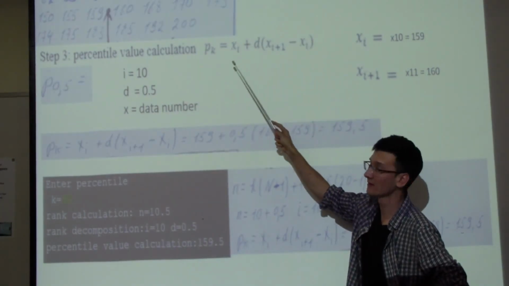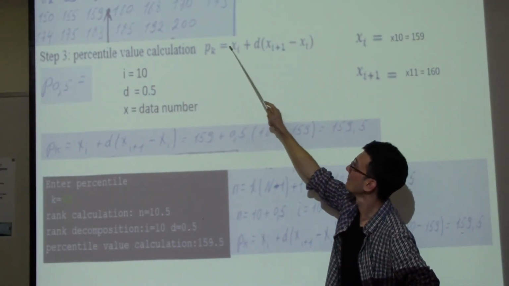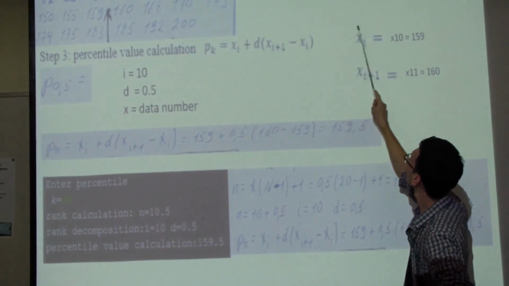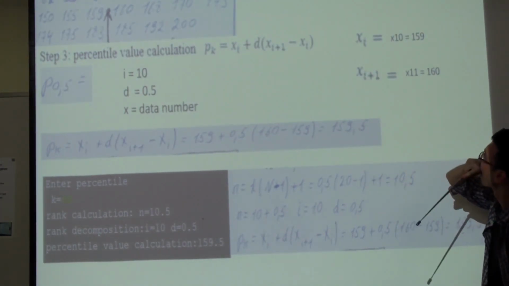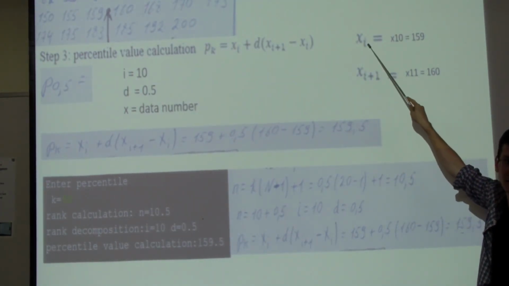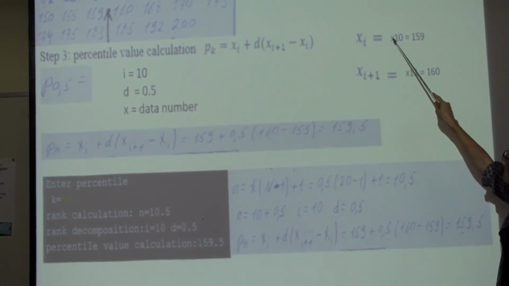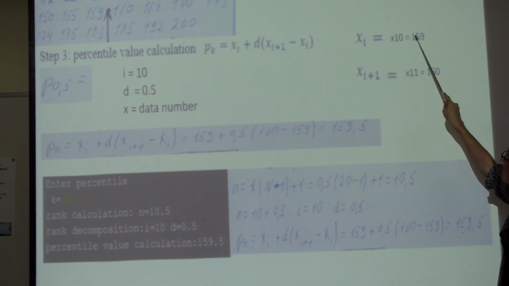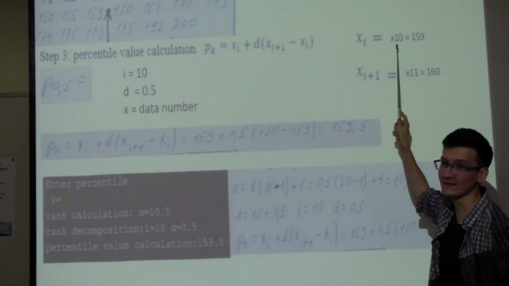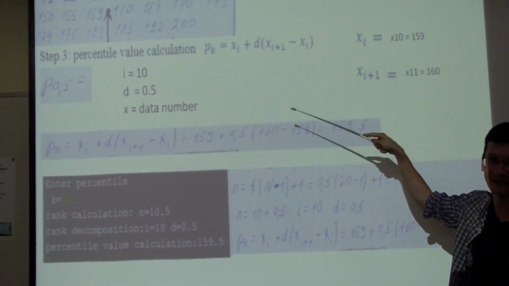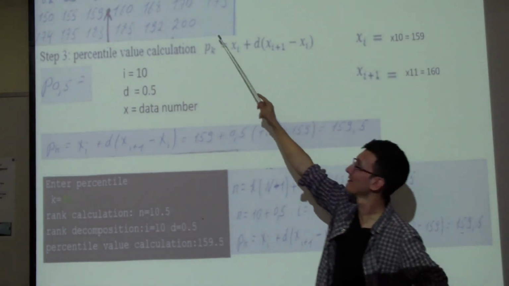We have this formula, and xi, you have i. For example, my i is 10, x10 is 159. This is the 10th element of my list here.